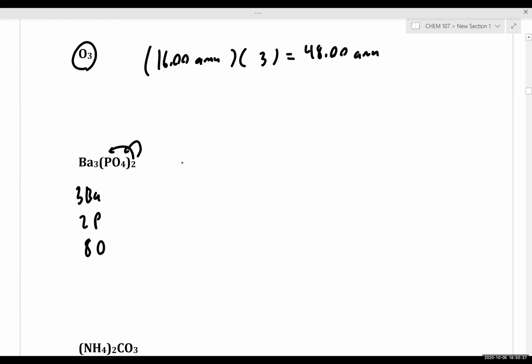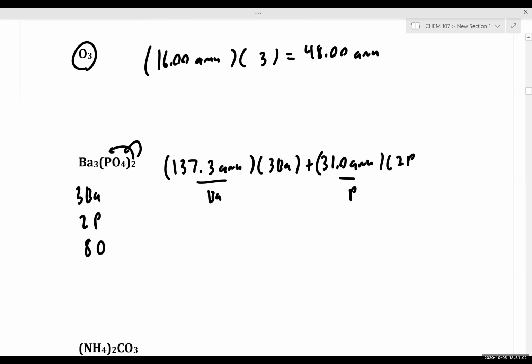So barium has an atomic mass of 137.3 AMU per barium atom. We have 3 barium atoms. For phosphorus, it has a mass of 31.0 AMU per phosphorus atom, and we have 2 phosphorus atoms. And then oxygen has a mass of 16.00 AMUs, and we have 8 oxygen atoms.